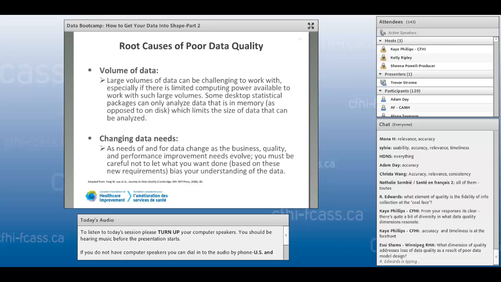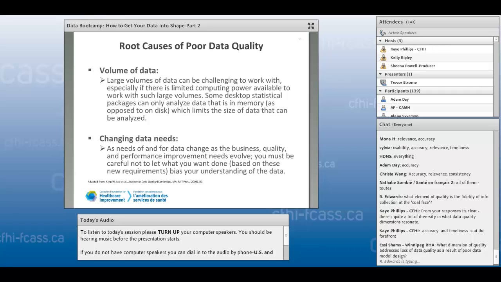So sometimes, for example, we may need to trim down the data that we're using because we have some limitations of our desktop analysis capabilities that were causing our stats program to crash because we've got too many records or too many fields. So somehow we trim out some of the data, and if we're not using some of the data that's at our disposal, it may impact our ability to come up with valid insights into the information.